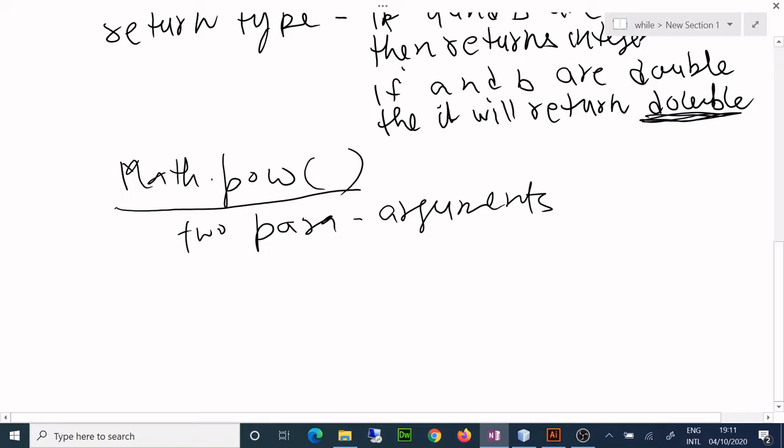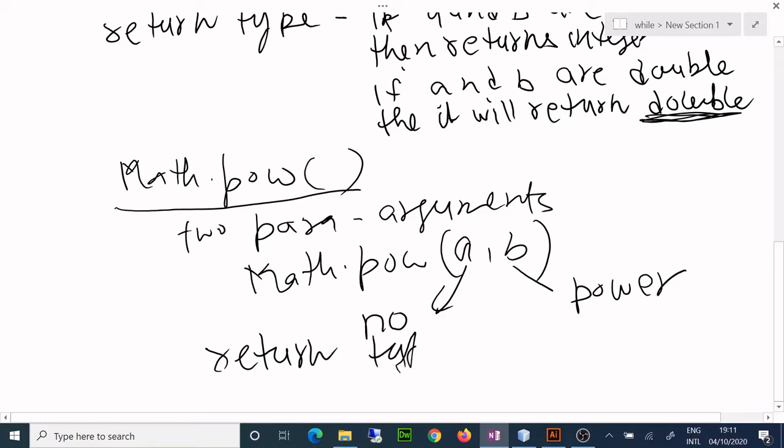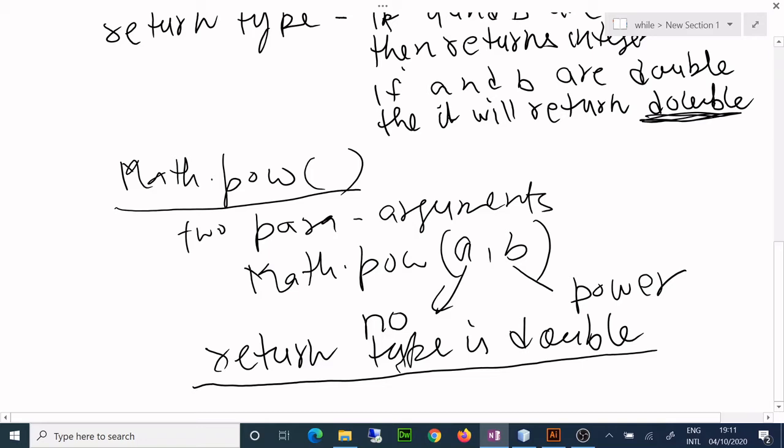The first argument is, when I write math.pow(a, b), a is the number and b is the power. And its return type is double always.